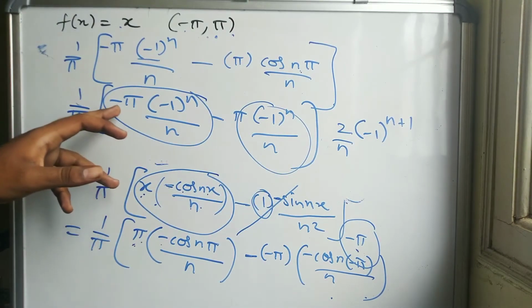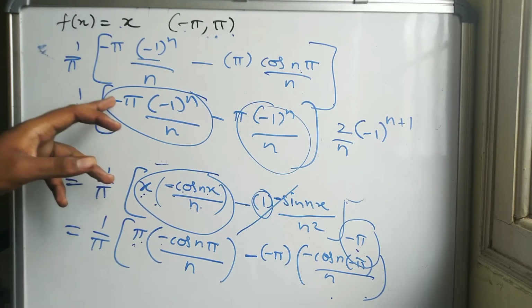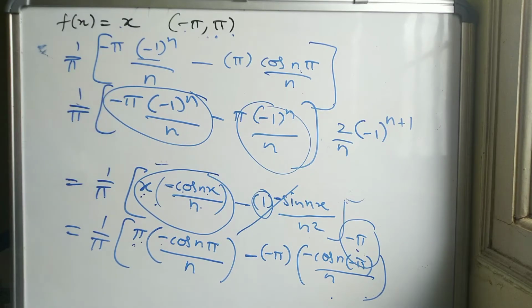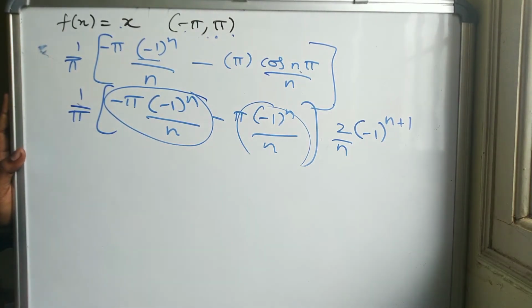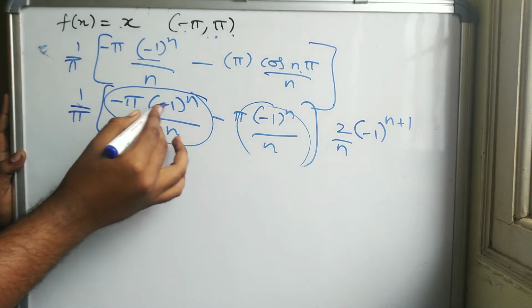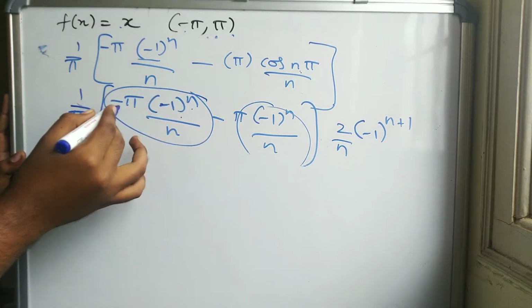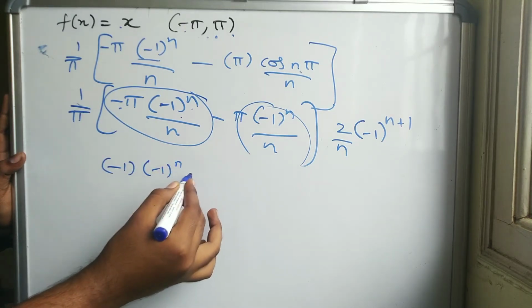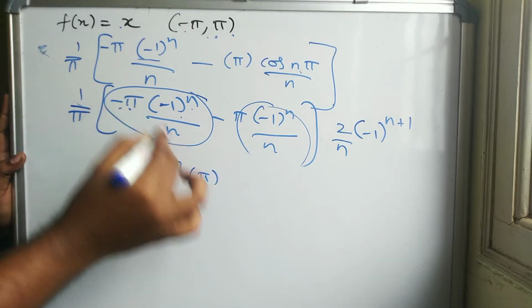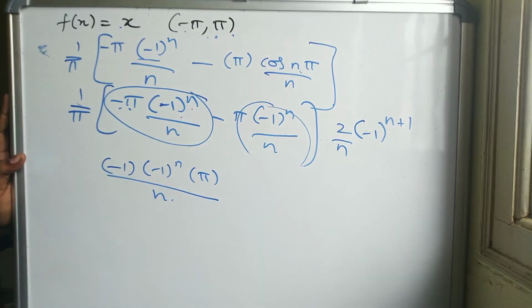Basically you need to remember that the minus sign is there, minus means minus 1, right? So minus 1 into minus 1 raised to n, into pi is already there, by n.